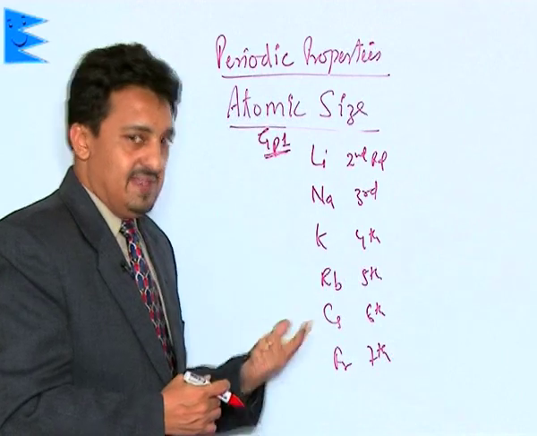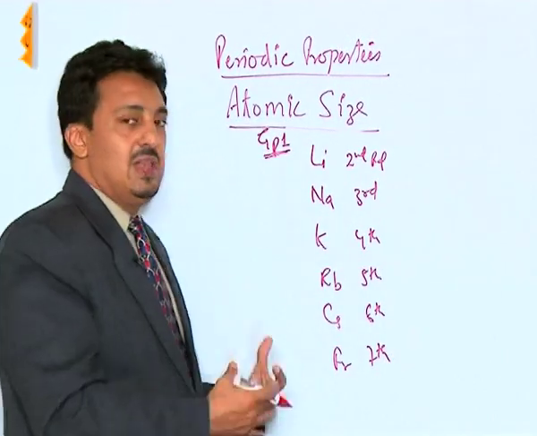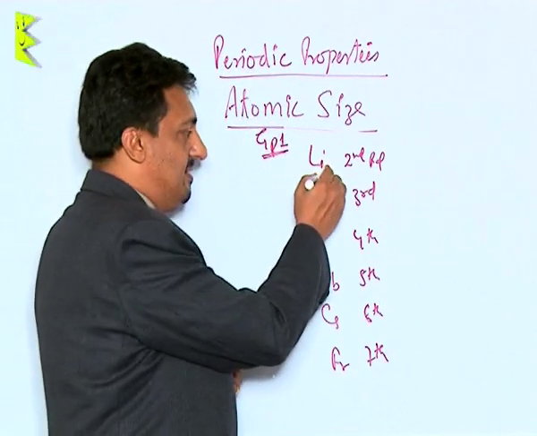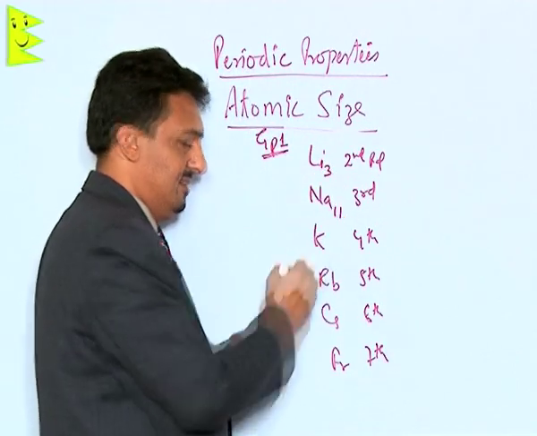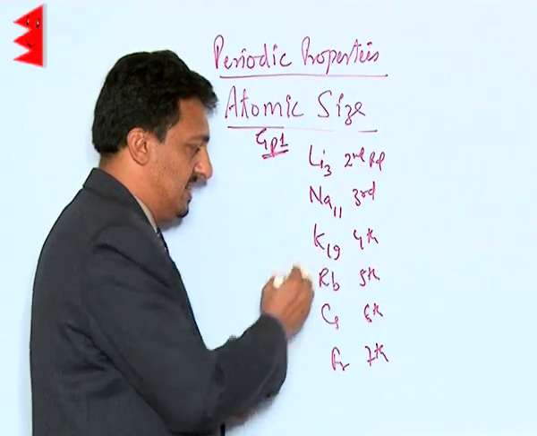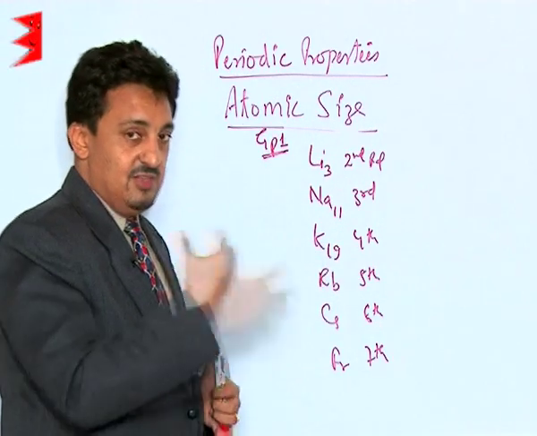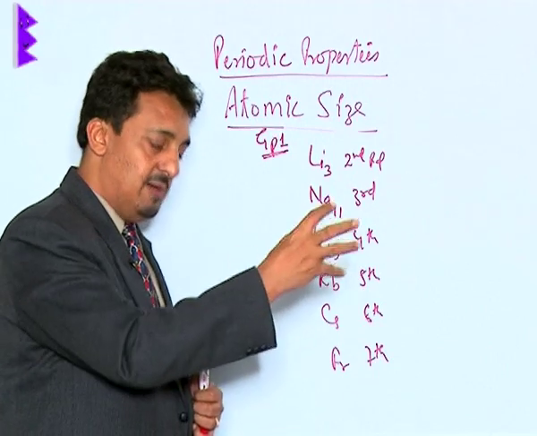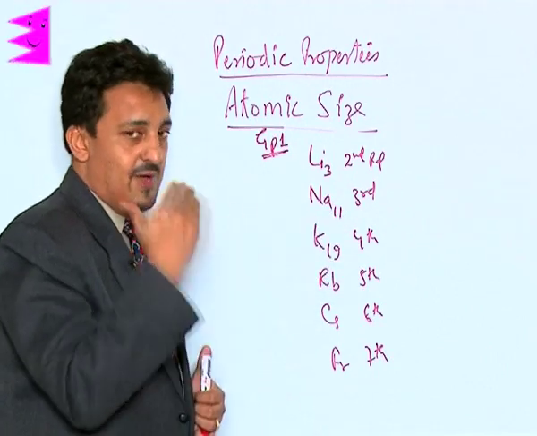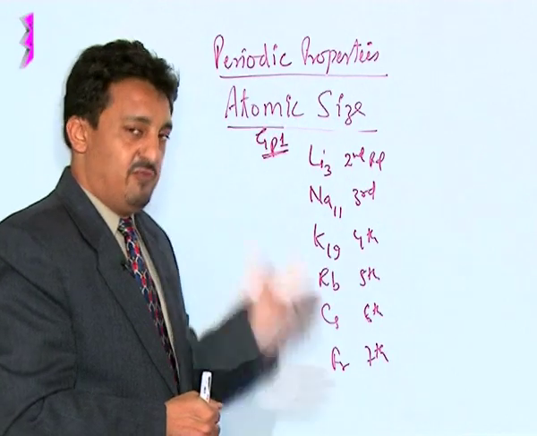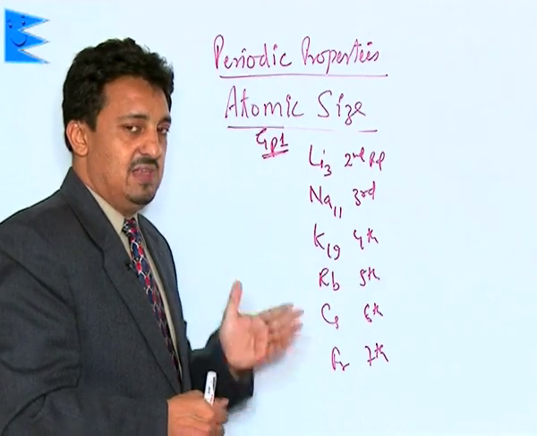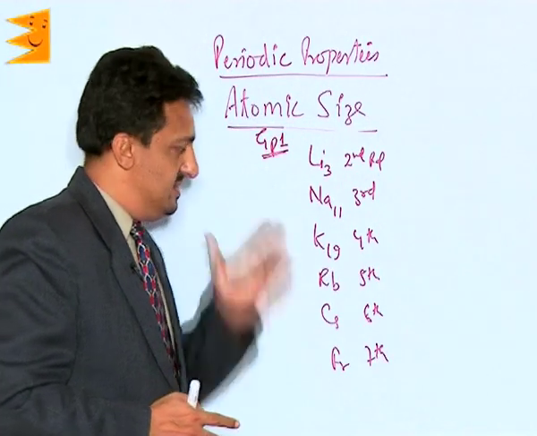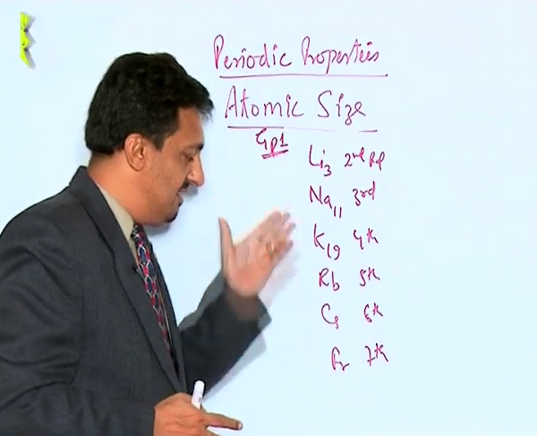But simultaneously the nuclear charge also increases. In case of lithium it is only 3, but in case of sodium it is 11. In case of potassium it is 19. As the nuclear charge increases, the pull on the electrons increases, so they would come closer to the nucleus and it would shrink. But it is the screening effect, shielding by the inner electrons, which prevents this, and the size actually increases down the group.